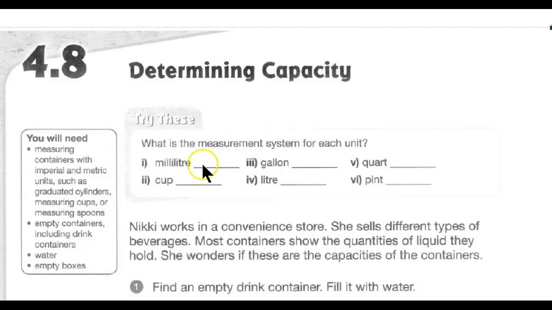So milliliter, that's metric, because you've got that there. Liter is metric, and then gallon is imperial, as is quart, as is pint, as is cup.